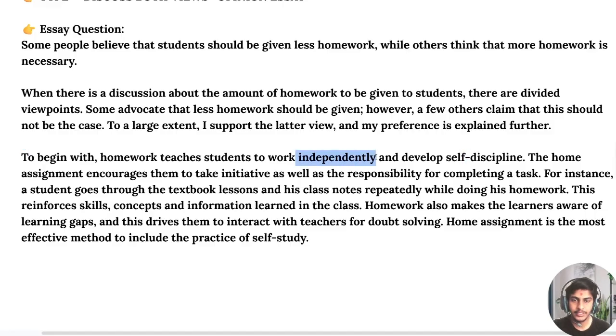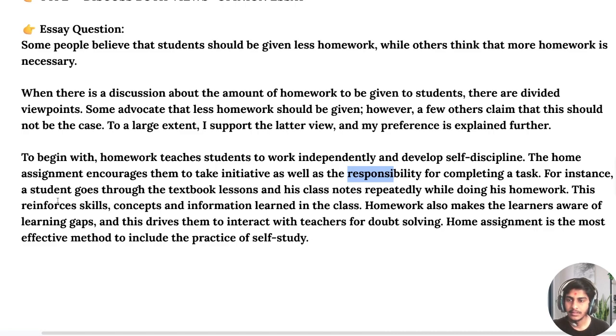The explanation is that homework teaches responsibility and time management, and these are life skills, not just academic skills.